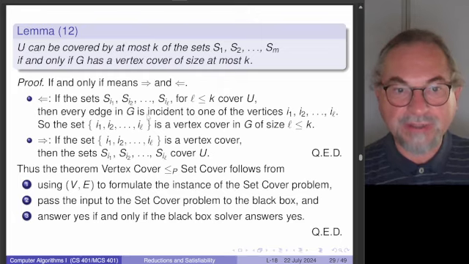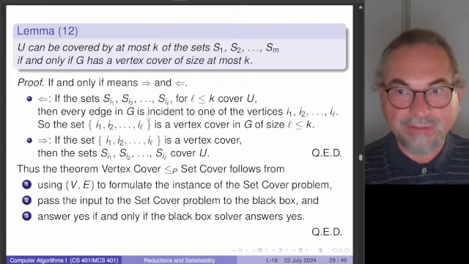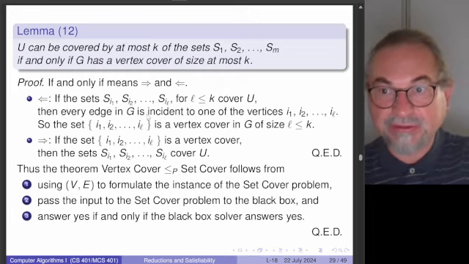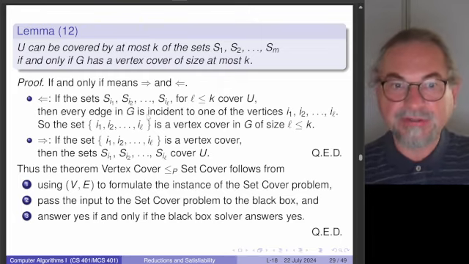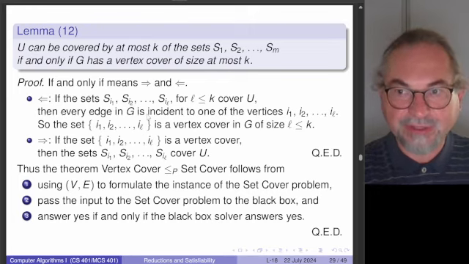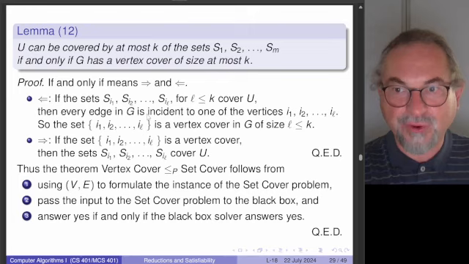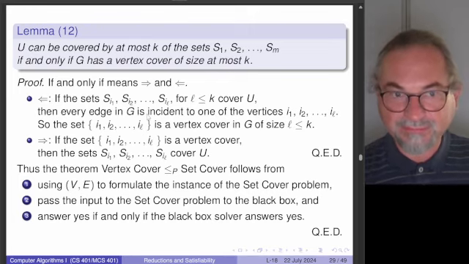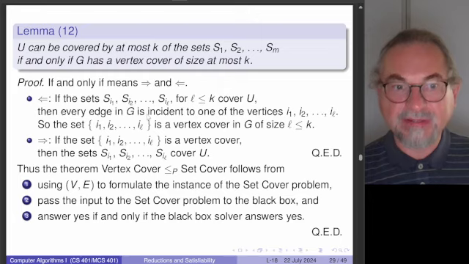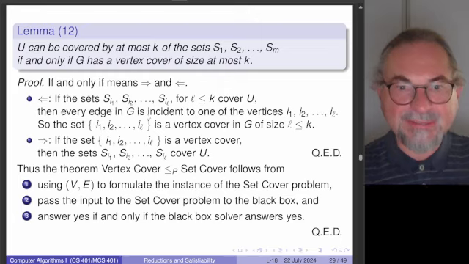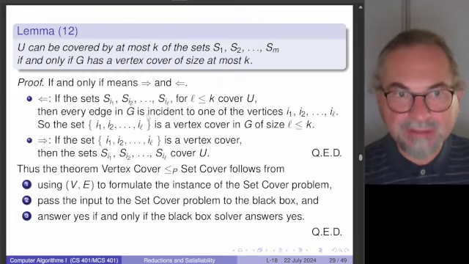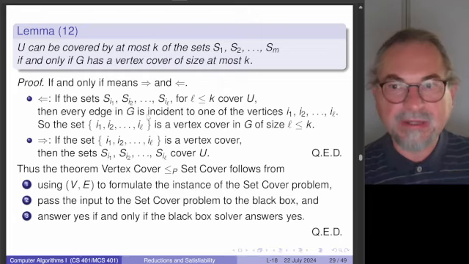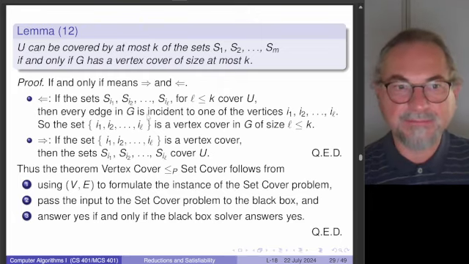If you have the vertex cover, then you know which sets to take, because the name of the vertex in the vertex cover is the index of the set. So in some sense, this lemma is just translating the statements. The numerical example makes this clear.